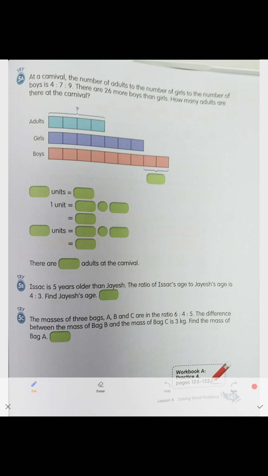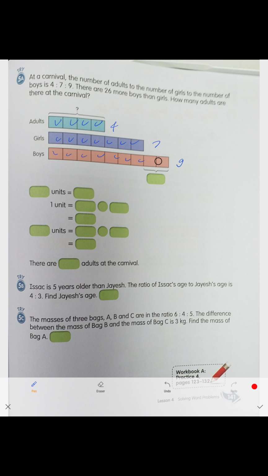Okay, the last thing we need to do here is the last problem. At the carnival, the number of adults to the number of girls to the number of boys is 4 to 7 to 9. So we have 4 units of adults, 7 of the girls, and 9 of boys. There are 26 more boys than girls.